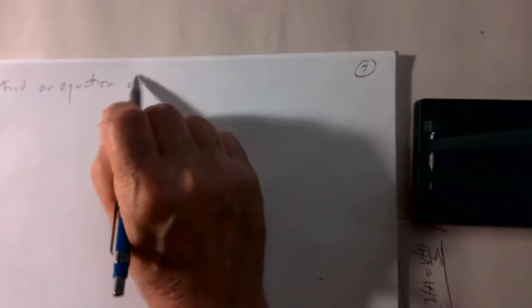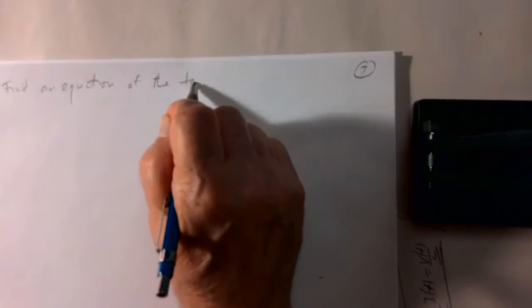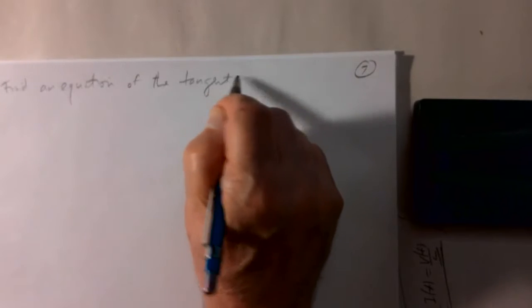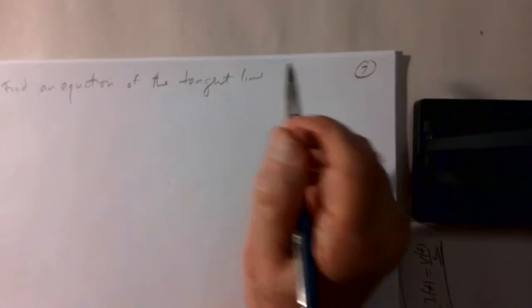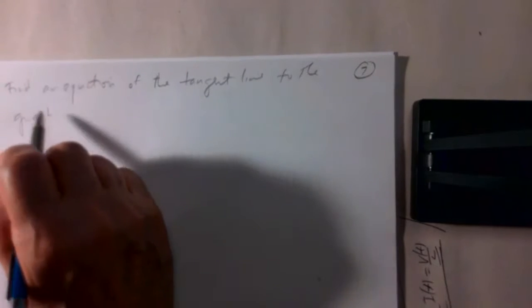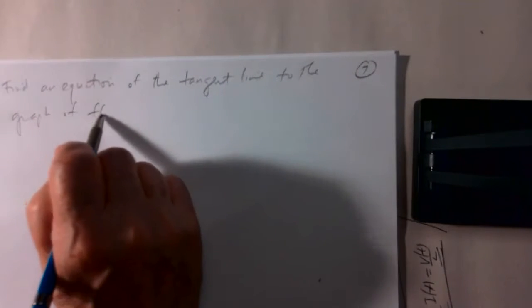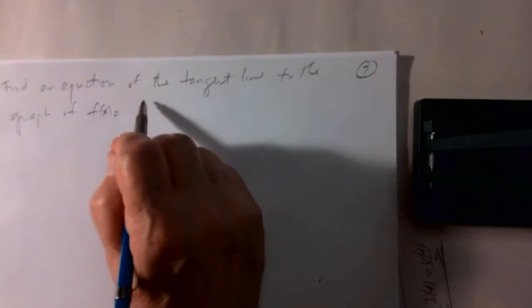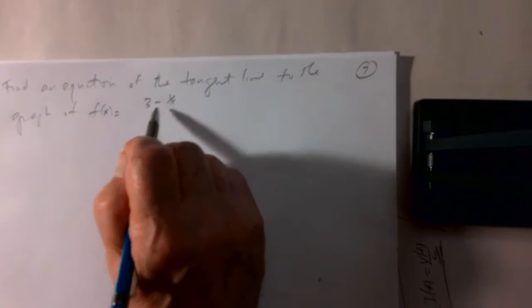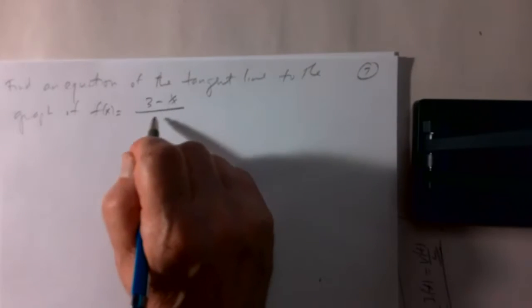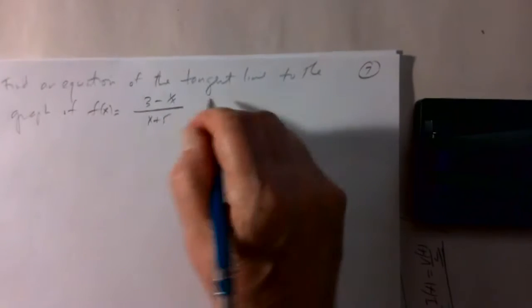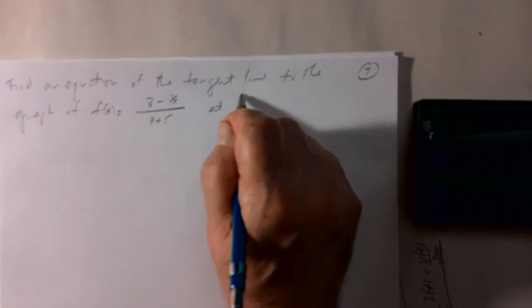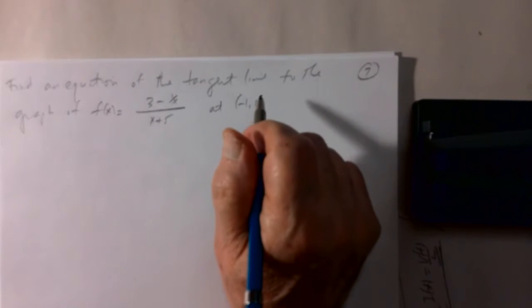Find an equation of the tangent line to the graph of the function f of x equals 3 minus 1 over x over x plus 5 at the point minus 1, 1.